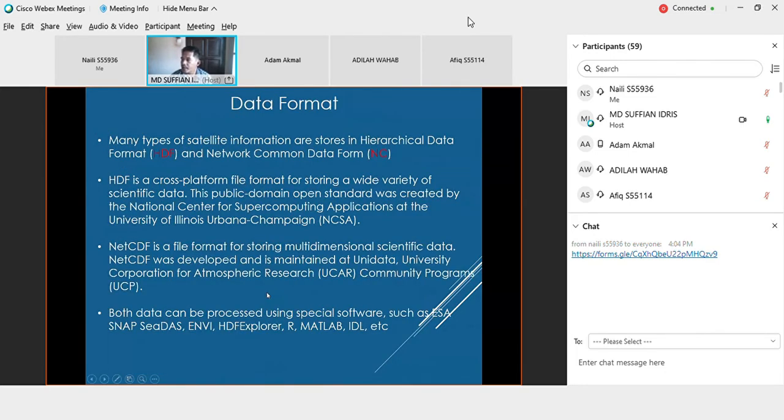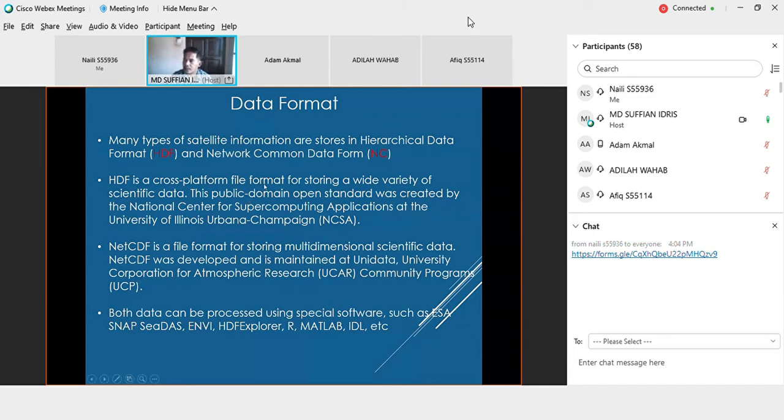And then data format, dia kebanyakannya dalam NC. Kalau dulu sebelum ni dia pakai HDF, sekarang ni kita pakai NC, Net Common Data Form. Saya ingat NetCDF ni, kalau you pakai data physical, you akan pakai banyak data NetCDF. Banyak data yang diambil adalah dalam bentuk CDF ataupun NC.